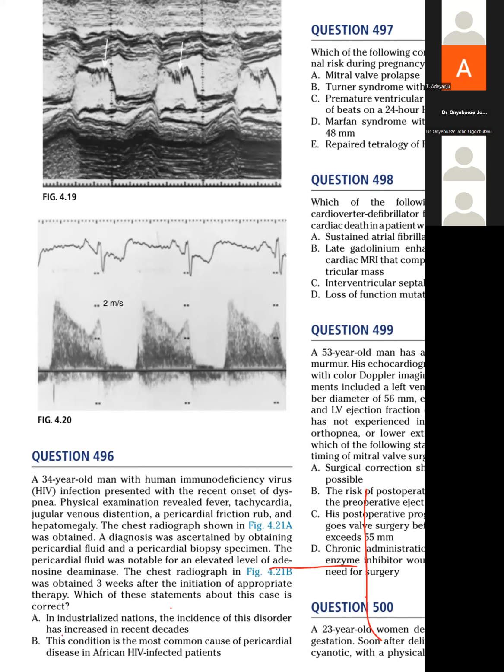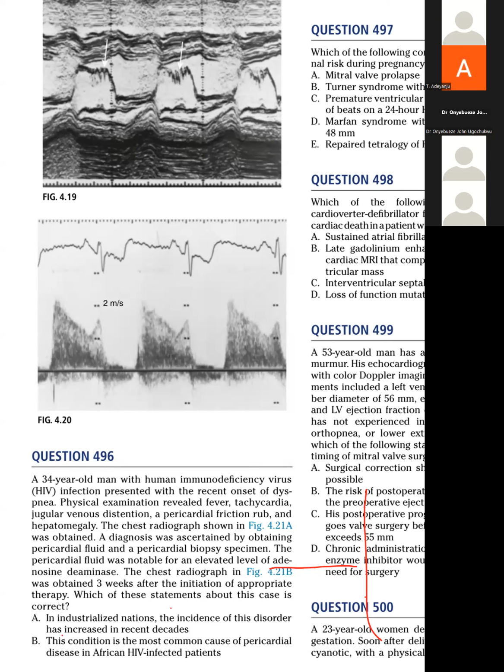Mitral inflow is normally passive, so a velocity up to 2 meters per second is high. It should be less than 1.5 meters per second.